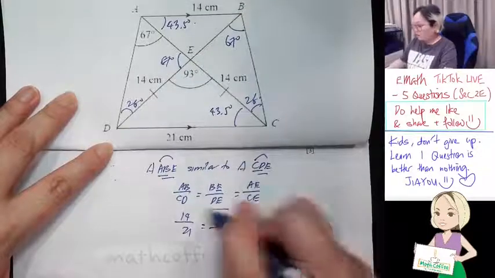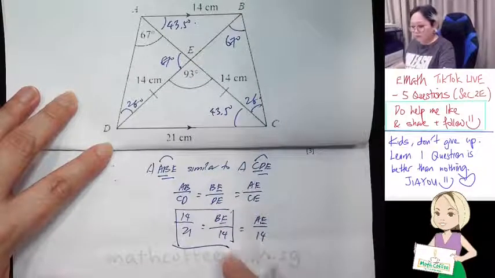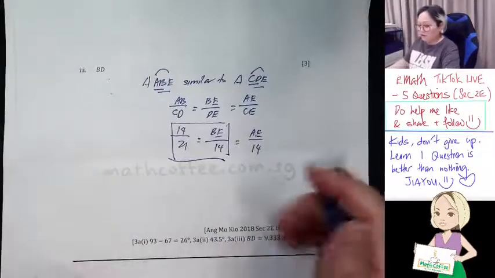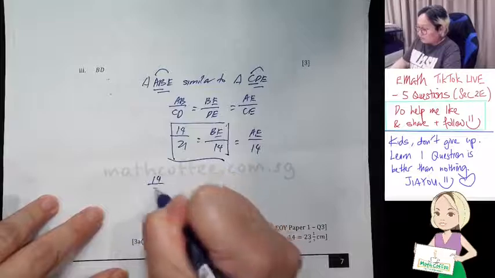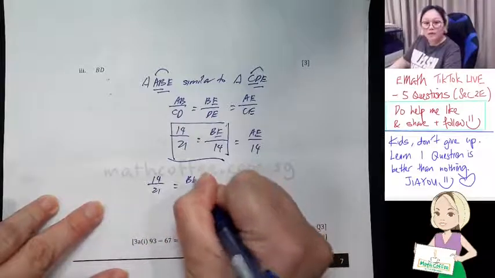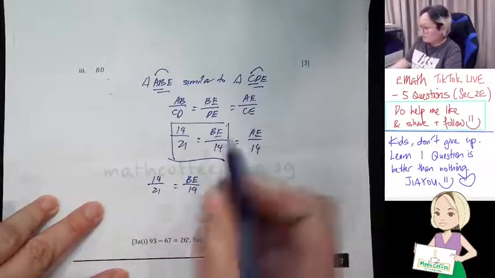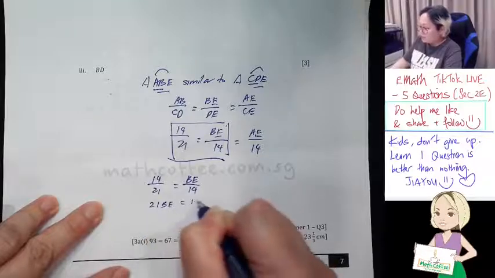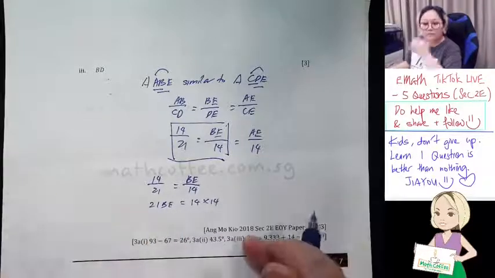So I'm going to use these two, and with these two I can form an equation and then solve. So it's 14 over 21 equals BE over 14. Cross multiply: 21 BE is equal to 14 times 14.